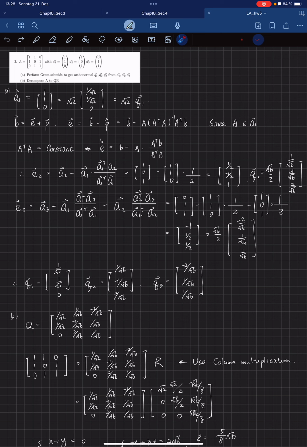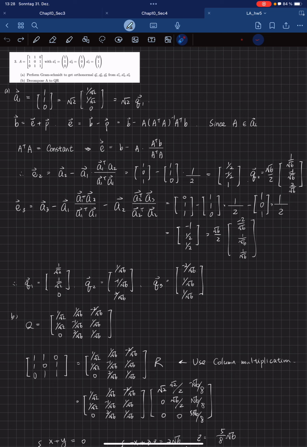So we have assumed that our A1 is already in place. So all we have to do is to turn A1 into a unit vector, which, if we take the square root of 2 out of A1, as shown here, this new vector inside is in fact a unit vector. So A1 is just square root of 2 times Q1.